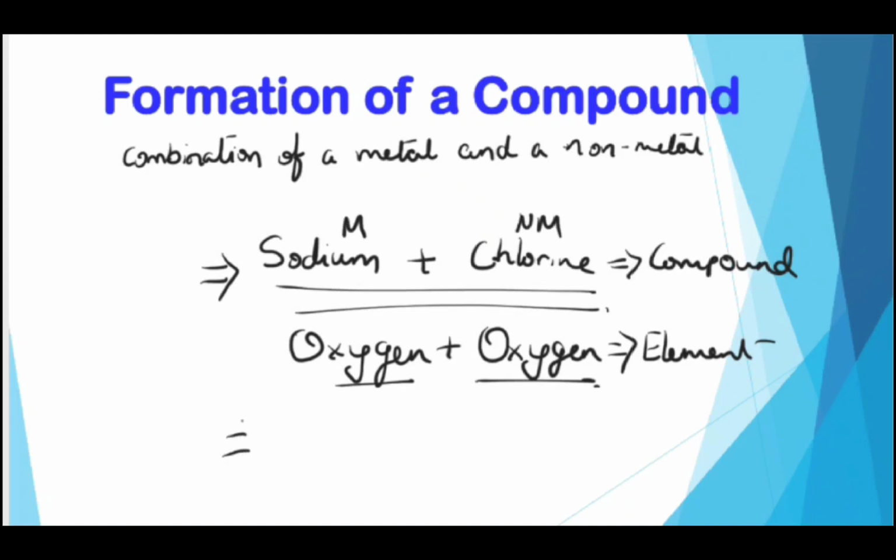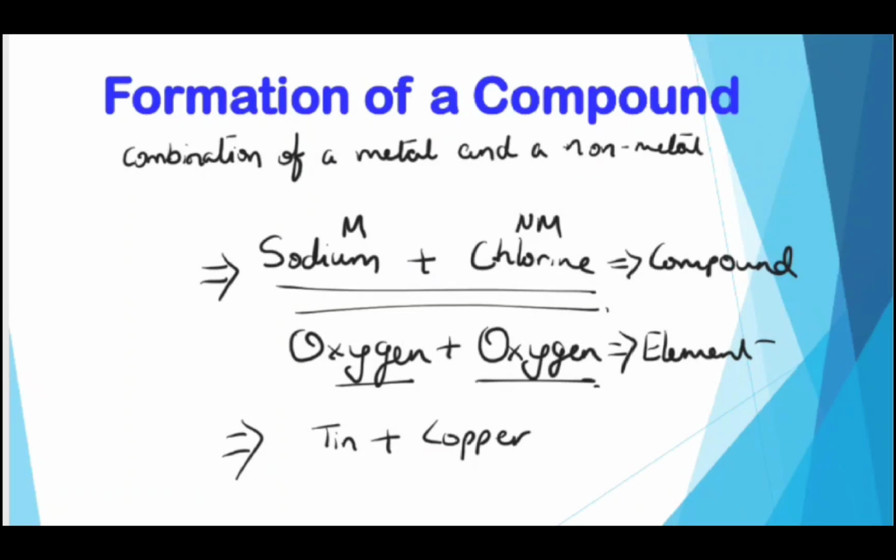What about two metals combining with each other? Say tin and copper. Tin is a metal, and copper is also a metal.